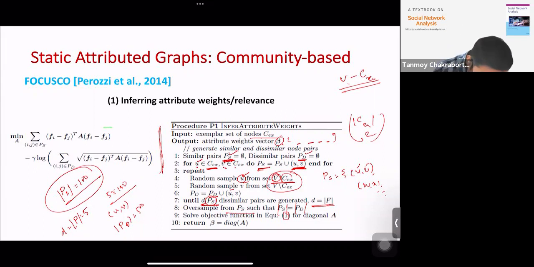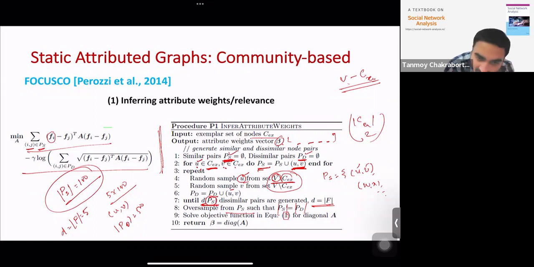Okay, so let's look at this objective function carefully. You take a pair ij from PS. Remember, PS has pairs which are similar. And what is f_i? f_i is the feature of node i, f_j is the feature of node j. And what is the task?